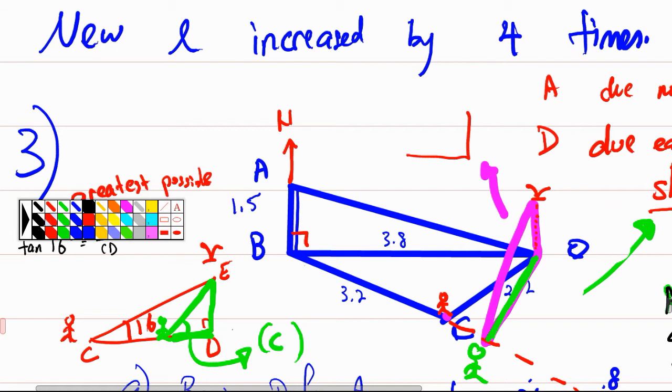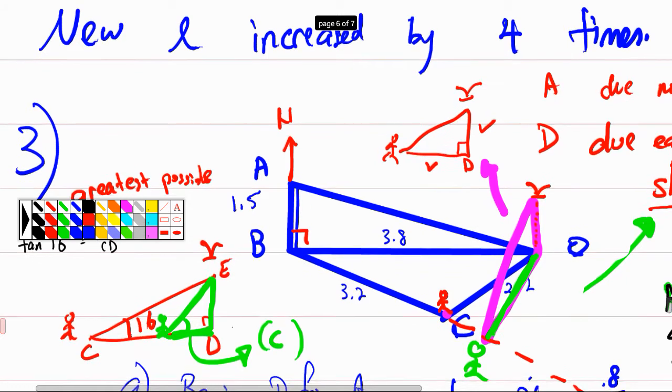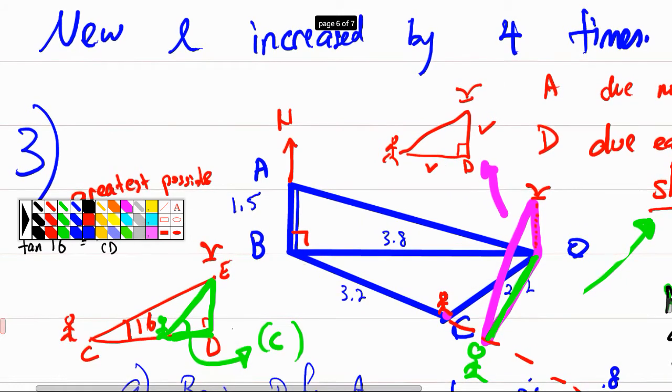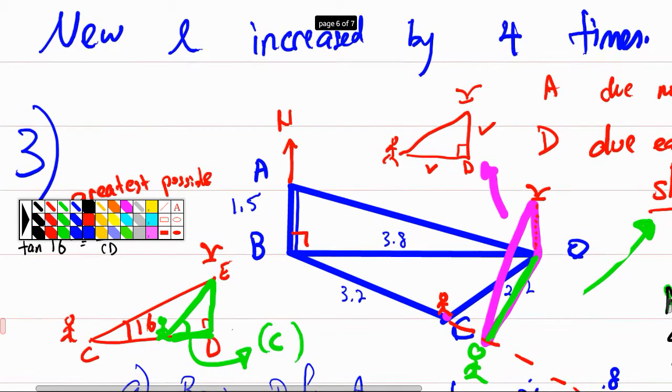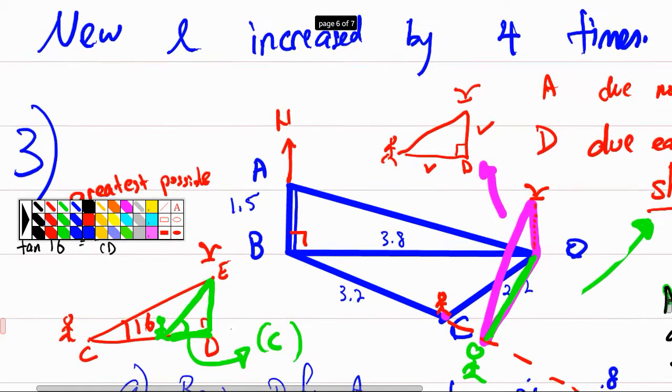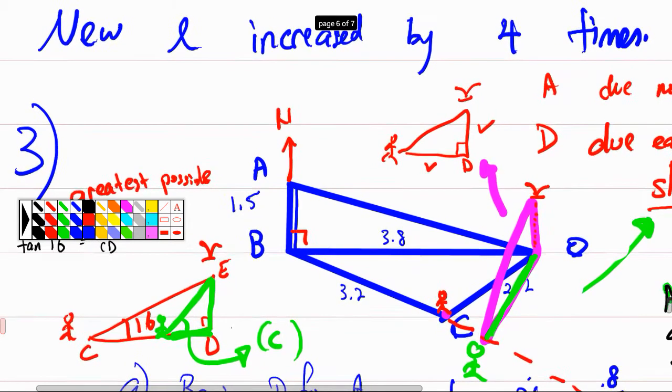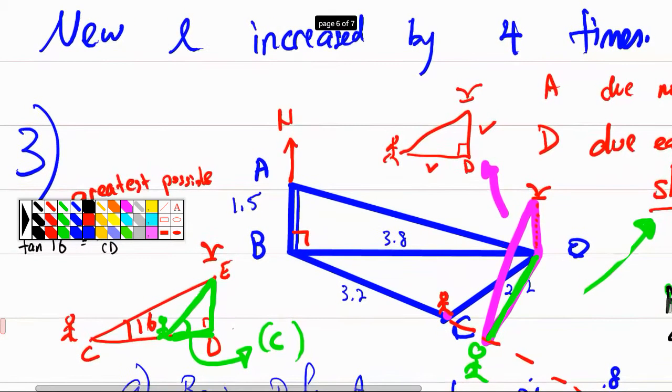This is the eagle. This is D. This is Tabby's. So I know the distance here, I know the distance here, so I use tangent. This part is clear? Have you all tried and found the answer? Some of you? Alright, so based on this information, you go and try again.